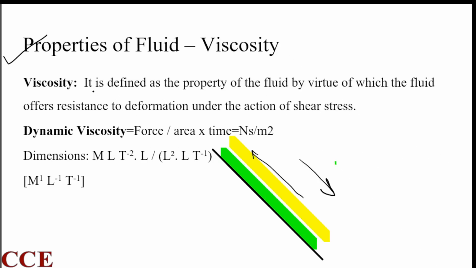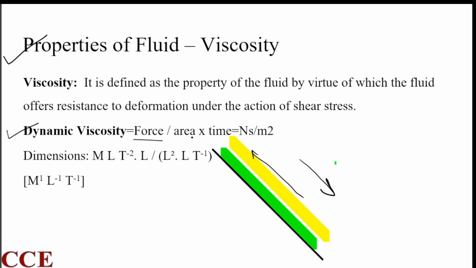So what is this viscosity? It is defined as the property of the fluid by virtue of which the fluid offers resistance to the deformation under the action of shear stress. Now, what is the formula for dynamic viscosity?